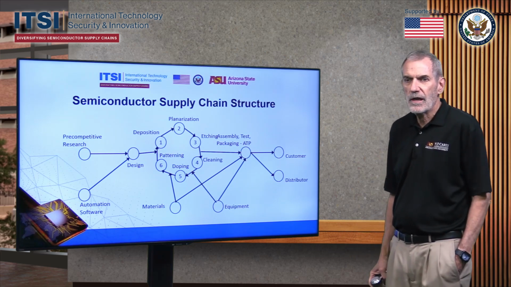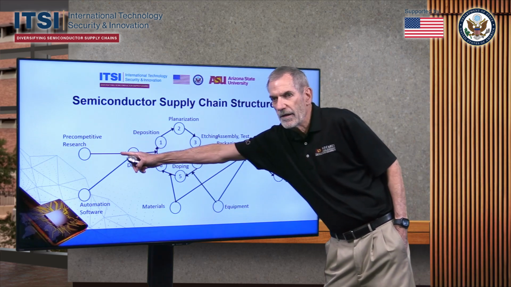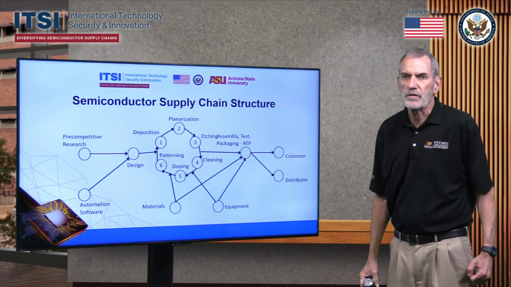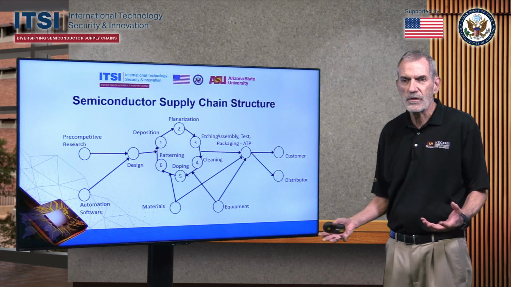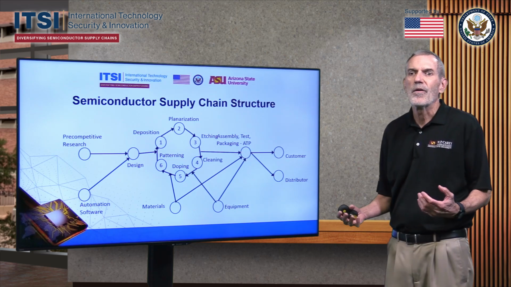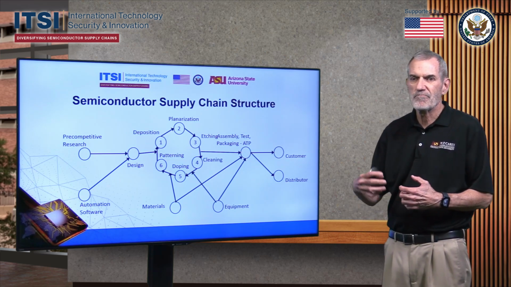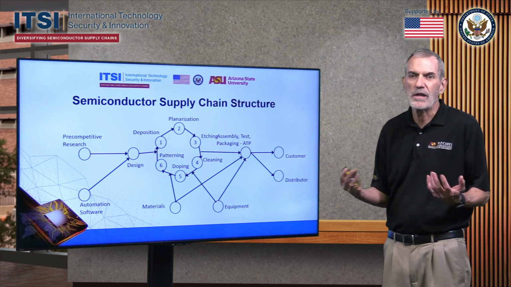But the first thing they identify, over on this far left side, is pre-competitive research. That's where semiconductor companies that compete with each other get together and work on things that are 20 or so years out.